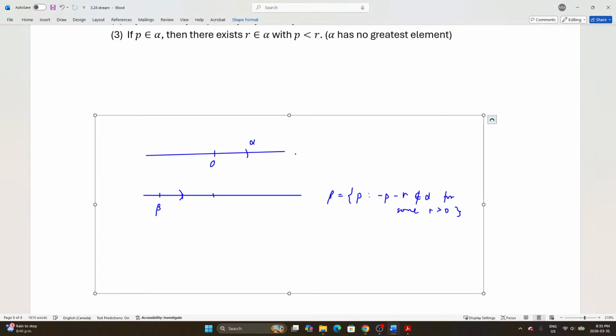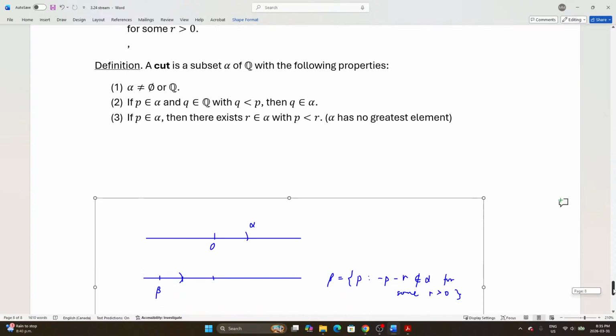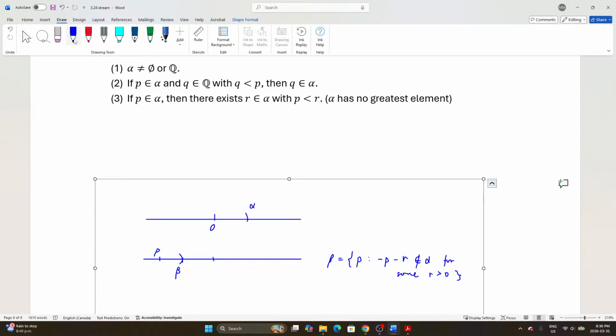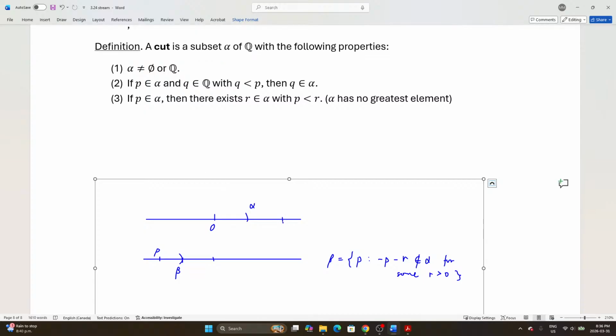Basically, here I assumed p is in beta. Okay, so that's okay. This is my p, and so therefore minus p is here. You can put a point that is minus p minus r between minus p and the endpoint of alpha.